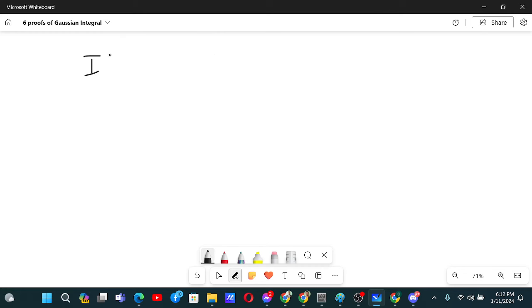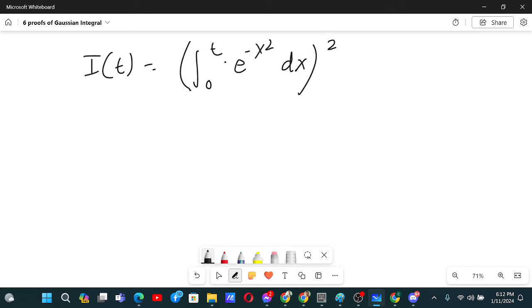So we will need a new integral I of t, which goes from 0 to t of e to the power minus x square dx, whole square. We are going to use this integral to make some manipulations, and at last we will find out I of infinity and then a limit.